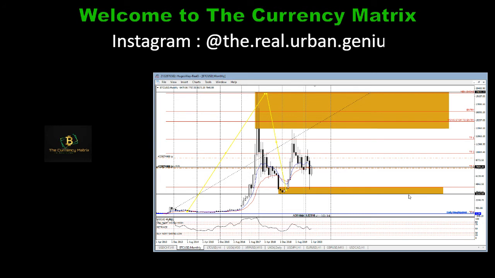Okay, so as you see, the bear's route has been achieved by reaching this point here, the 78. Okay, now on the way back up, this level here becomes an entry.